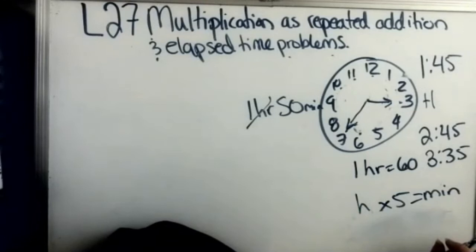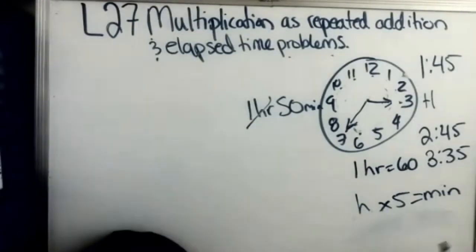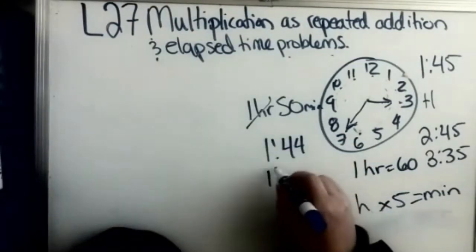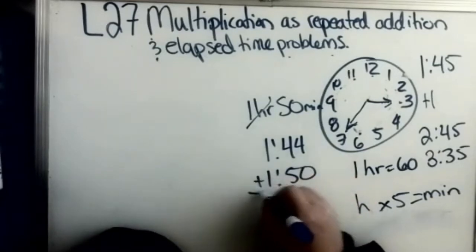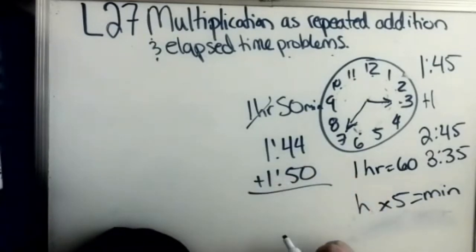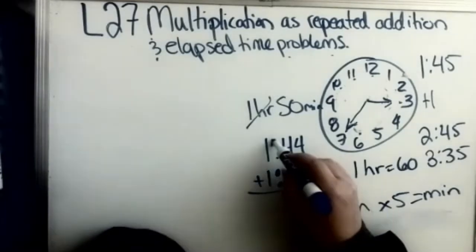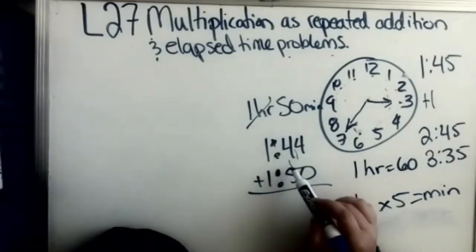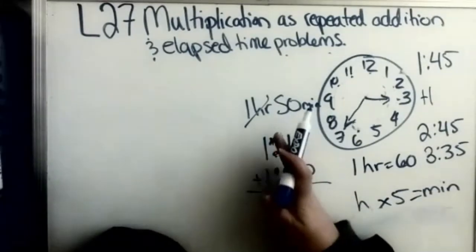I will show you the base 60 way so you can see it, but I don't expect you to solve it this way. So base 60 is you have an hour and 45 minutes and you're adding an hour and 50 minutes to it. Now because it is base 60, this tens column can't go past 6.